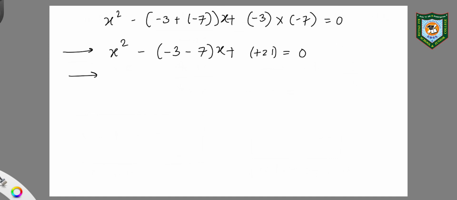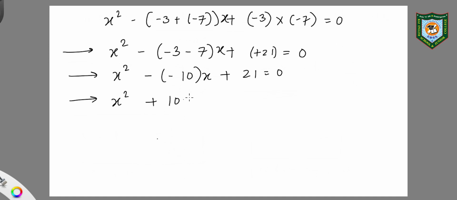Once I get this, all I have to do is evaluate the complete equation. So here I have x square minus, and inside the bracket I have minus 10x plus 21 is equal to 0. This implies x square, minus minus becomes plus, plus 10x plus 21 is equal to 0. So this is my quadratic equation.